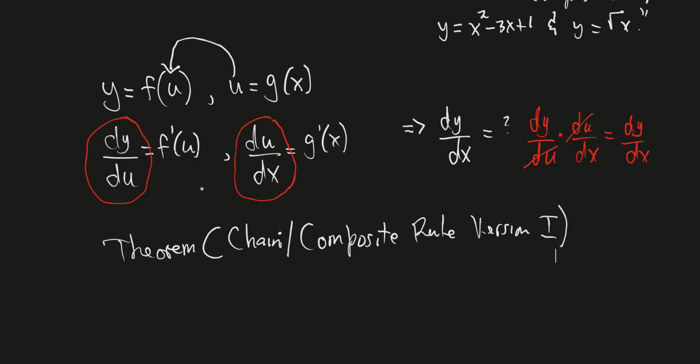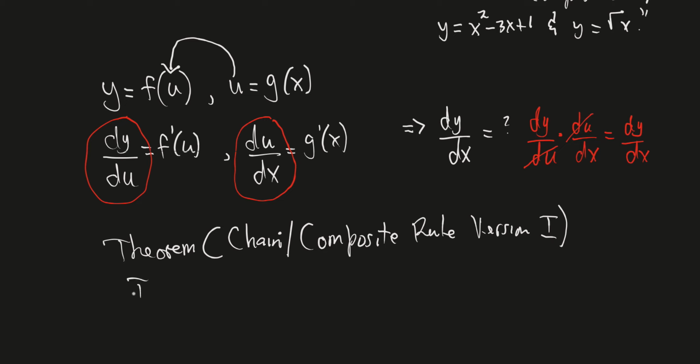Even with how it's stated, I'm going to state it somewhat informally. I'm just going to say, assuming that f is a differentiable function and g is a differentiable function on some suitable domain, then the composite will be differentiable.